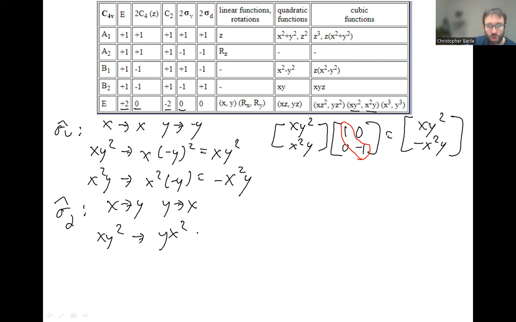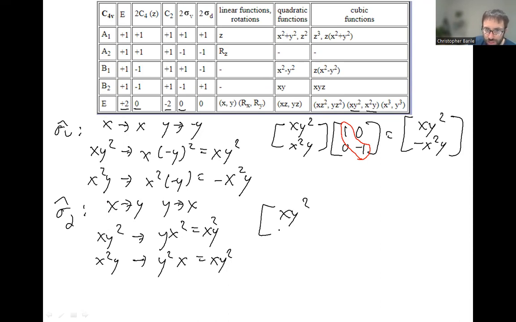So we're actually going to get yx squared, which is the same as what we've been writing, x squared y. All right, and then our other one is xy squared. We ask how that transforms. Well, x went to y, so it's going to go y squared x, which is equal to xy squared. So what we can see here is that they crisscrossed. The 2 functions went into each other.